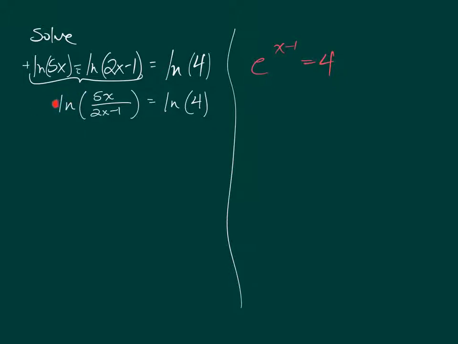All right, well, I have one log on the left, I have one log on the right. Everything is inside a log, this 4 and this 5x over 2x minus 1. And since they are the exact same log with the same base, base e, I can reduce the logs away from both sides, leaving me just with this new equation, 5x over 2x minus 1 equaling 4.